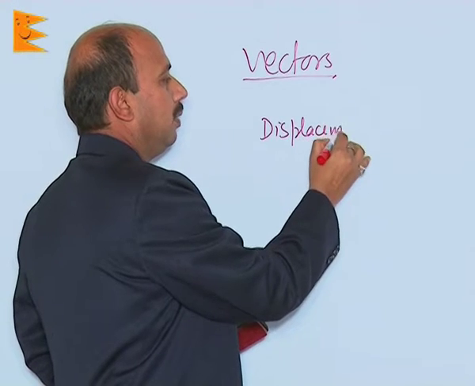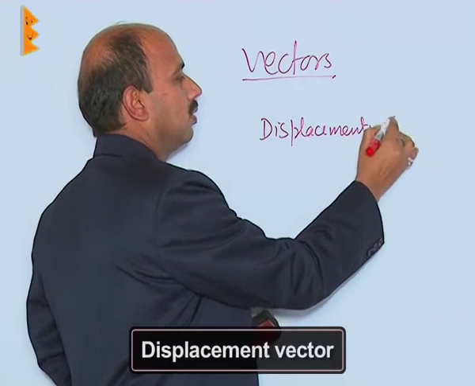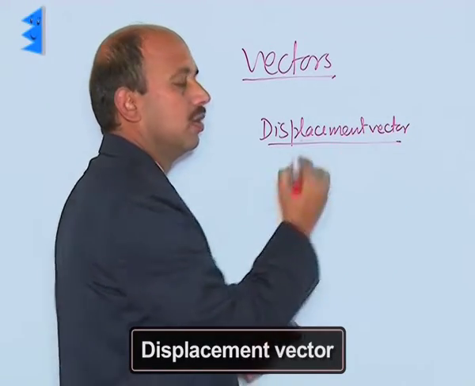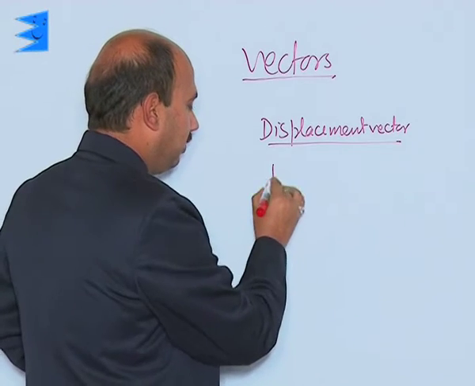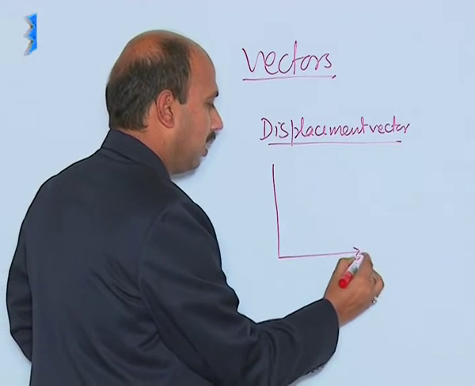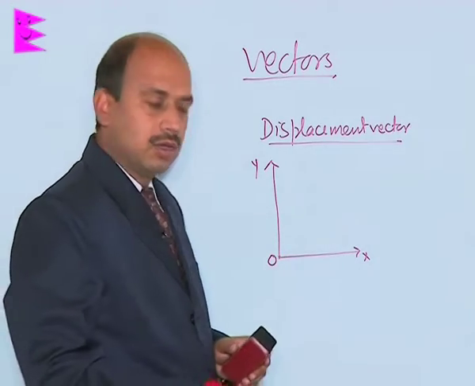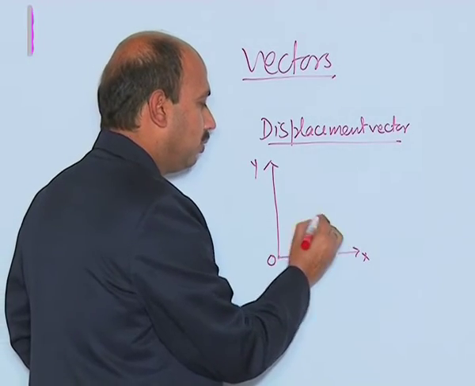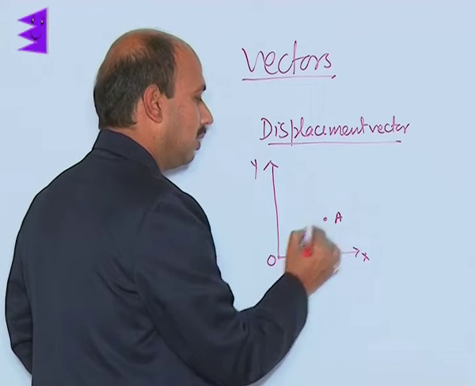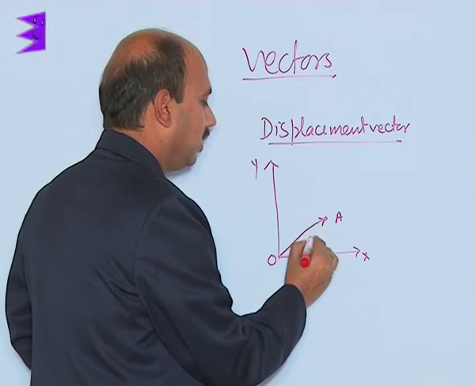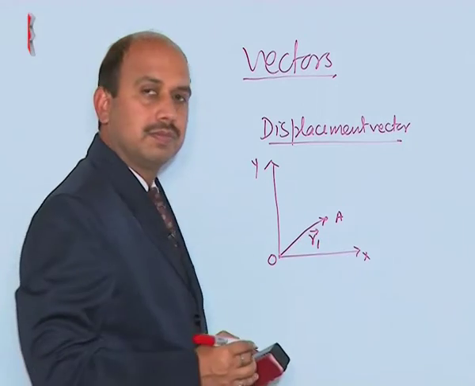See here in the displacement vector, again suppose we have chosen the xy plane, this is the origin here. Initially suppose the point is over here, that point is taken as A and its position vector from the origin is r1.